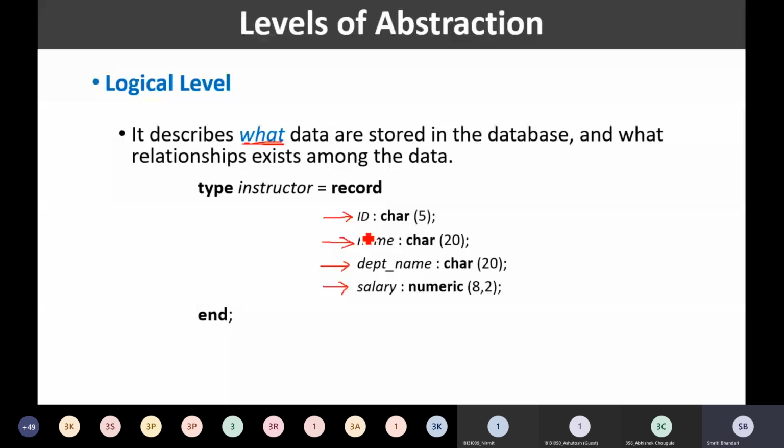But how actually this data is being stored in the database system physically in some storage device, that detail need not be known by the person who is working at this level, logical level. Right? So how part is being considered under physical level, whereas logical level describes what data, right? So how deals with physical and what deals with logical level. So I hope I'm clear with the concept. If you have any doubts, please let me know.